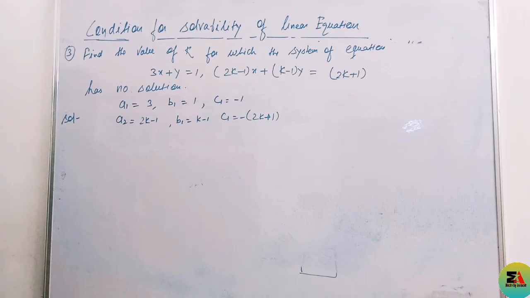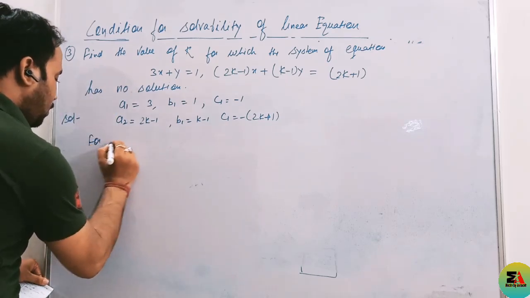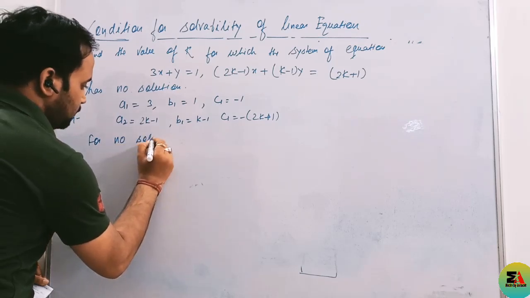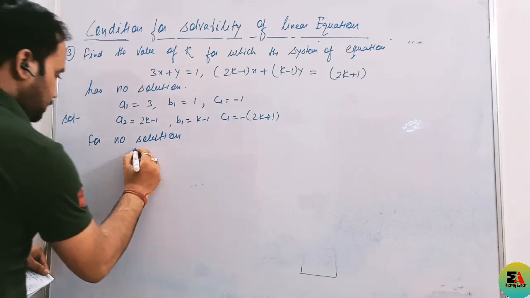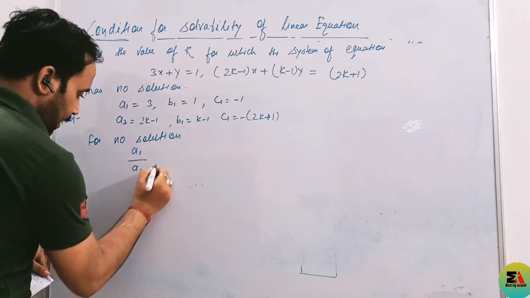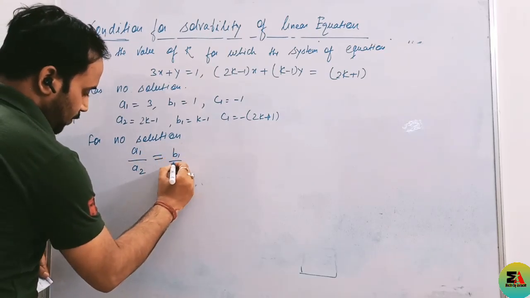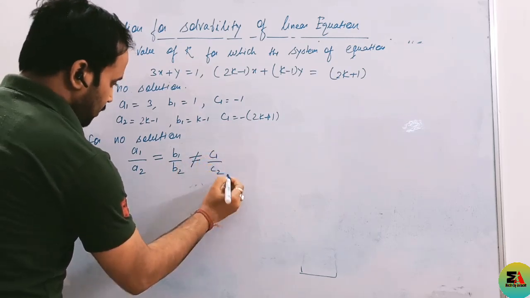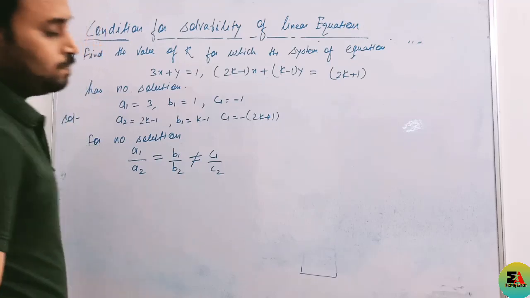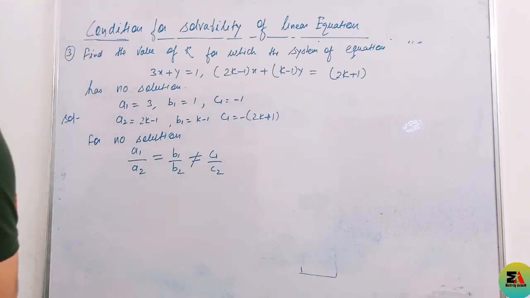Clear? Now here the condition is no solution, and we know that the condition for no solution or inconsistent solution is a1/a2 = b1/b2 is not equal to c1/c2.